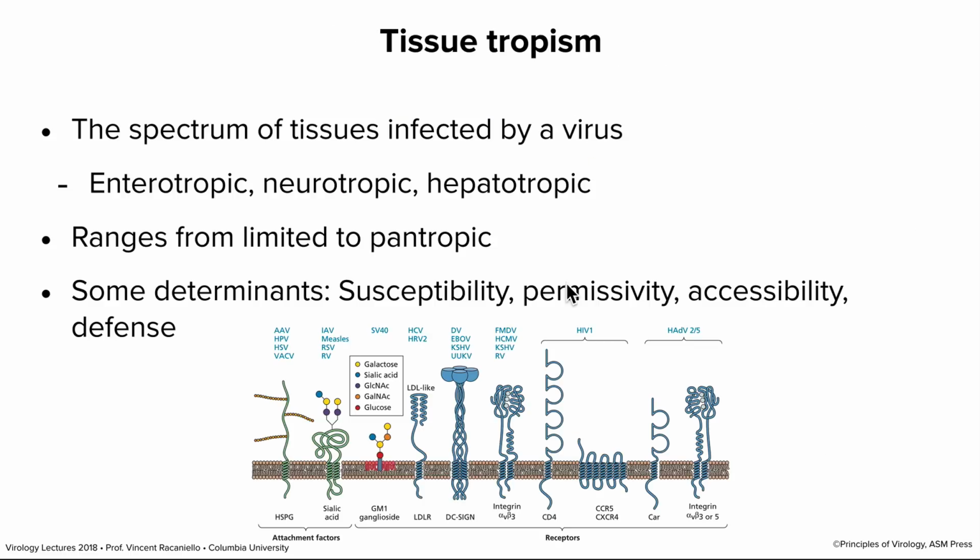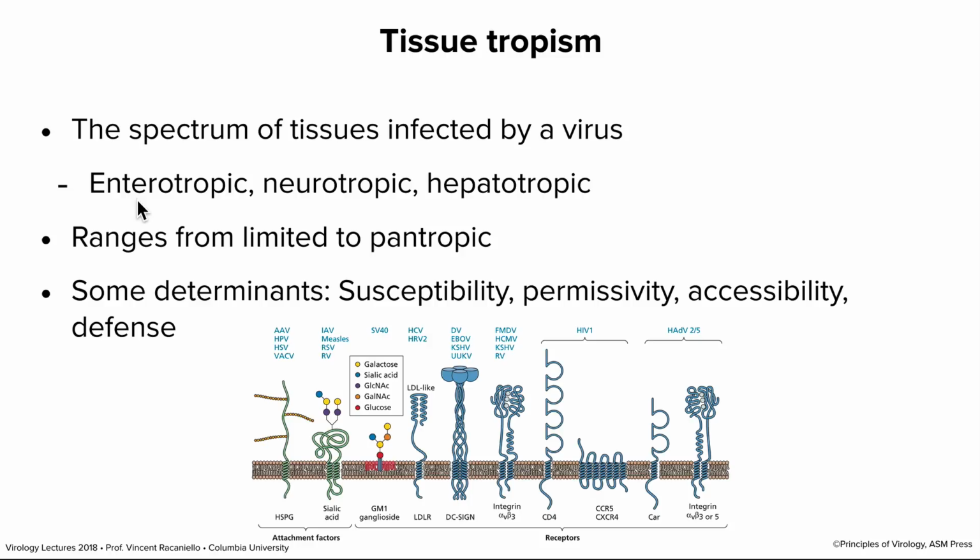So we've talked about viruses getting through capillaries into tissues, but most viruses don't replicate in every tissue that they enter. In fact, most only replicate in a subset. And this spectrum of tissues infected by a virus is called its tropism.